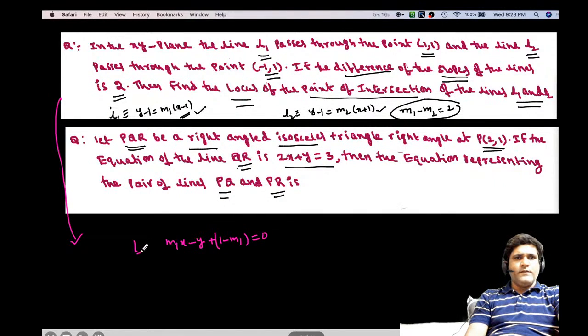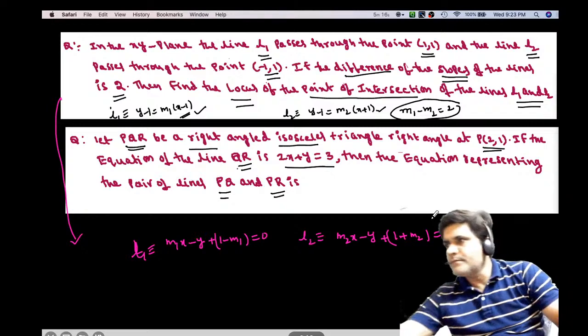This is line L1. Line L2 is m2x minus y plus 1 plus m2. These are the lines.